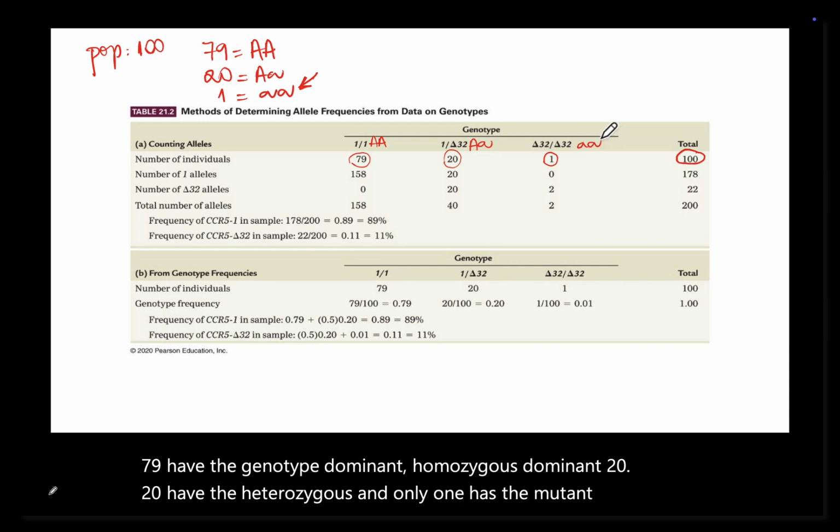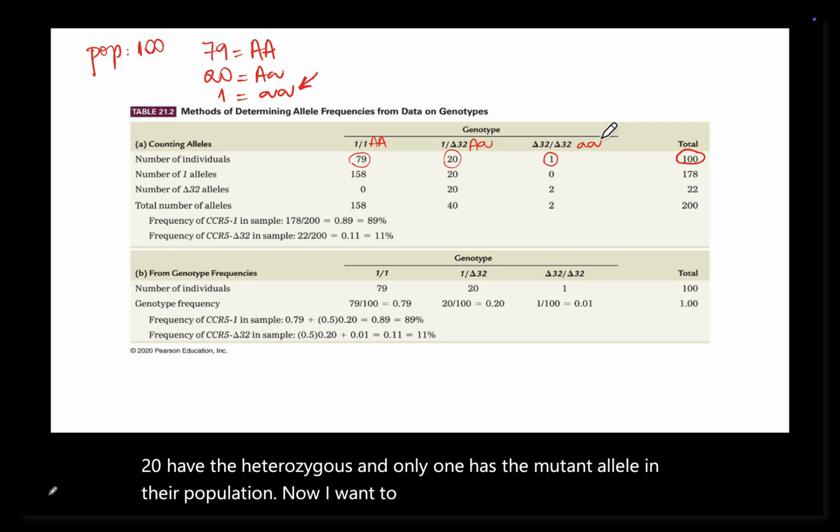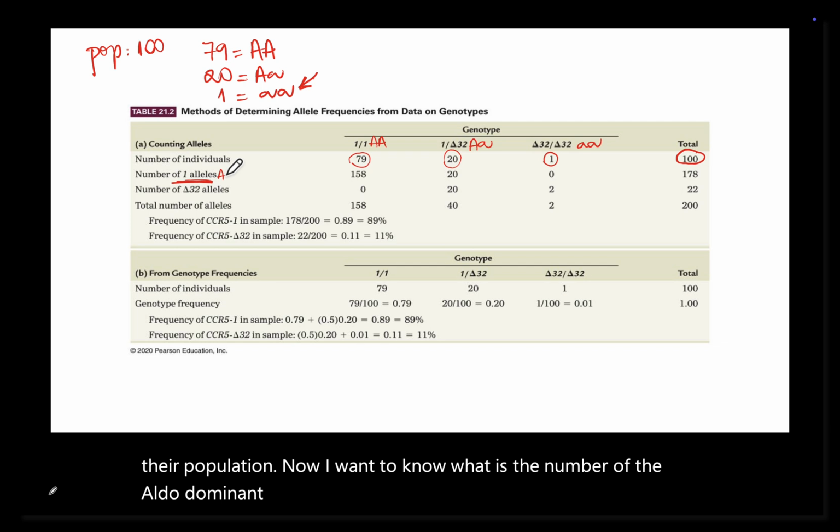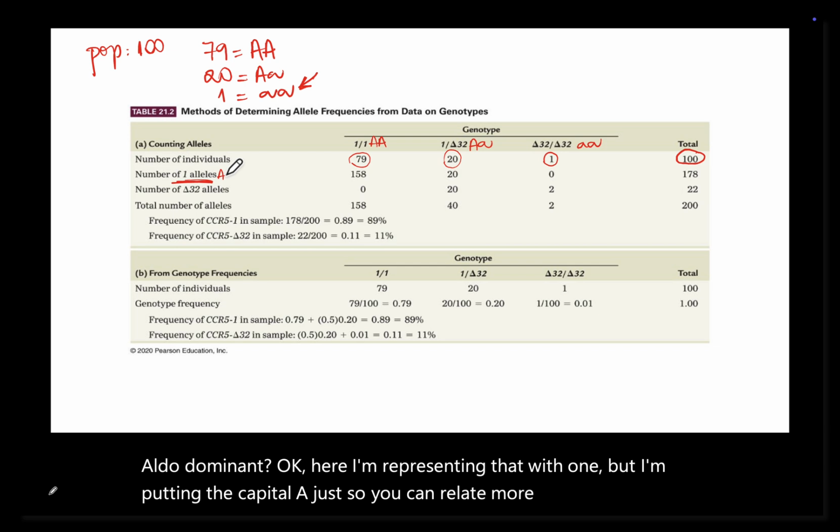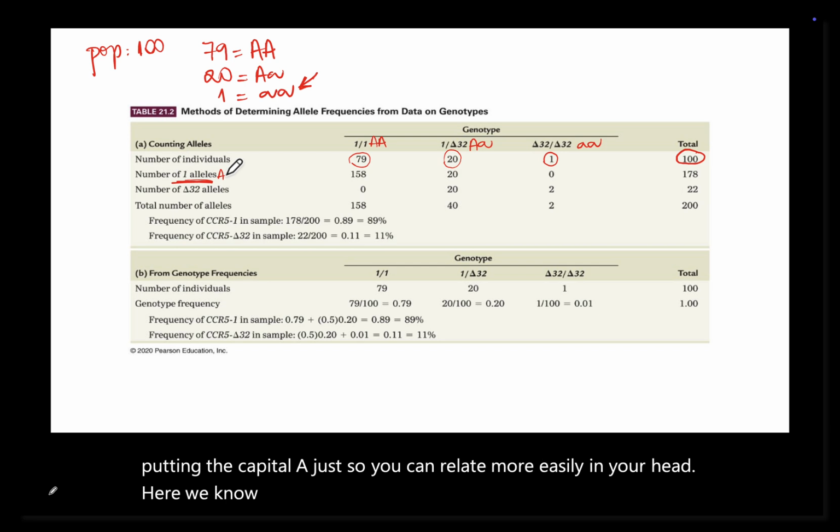In that population now, I want to know what is the number of the allele dominant. Okay, here I'm representing that with 1, but I'm putting the capital A just so you can relate more easily in your head.